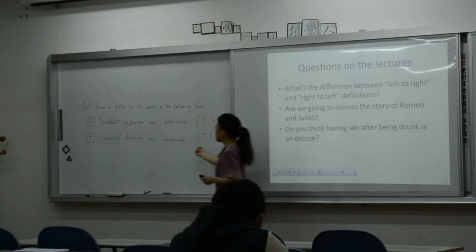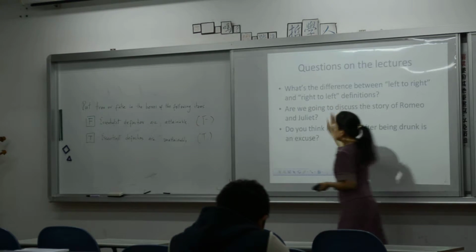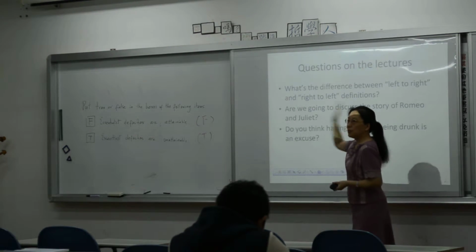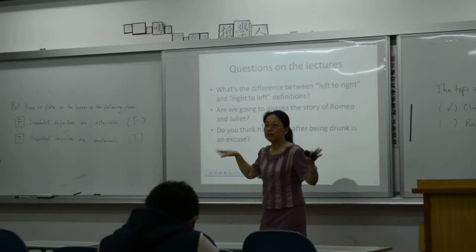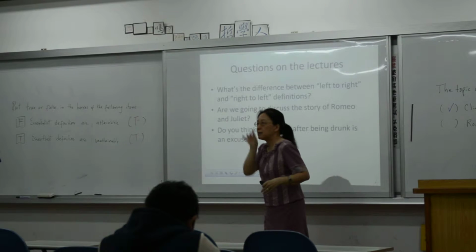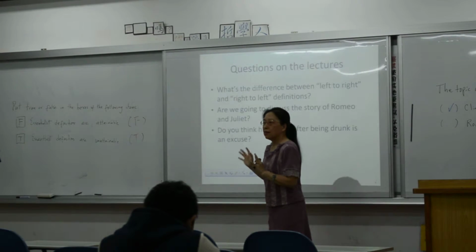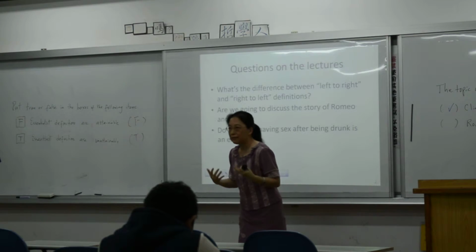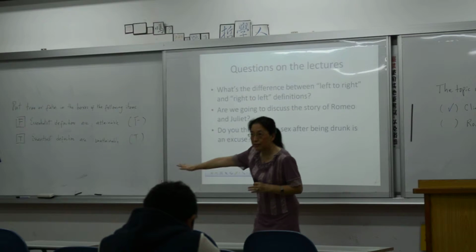Essentialist definitions are unattainable. Essentialist definitions are from left to right. What is a bird? A bird has feathers, a bird can fly, a bird has a beak, and so forth. But as we interpret definitions, we usually do it from right to left.